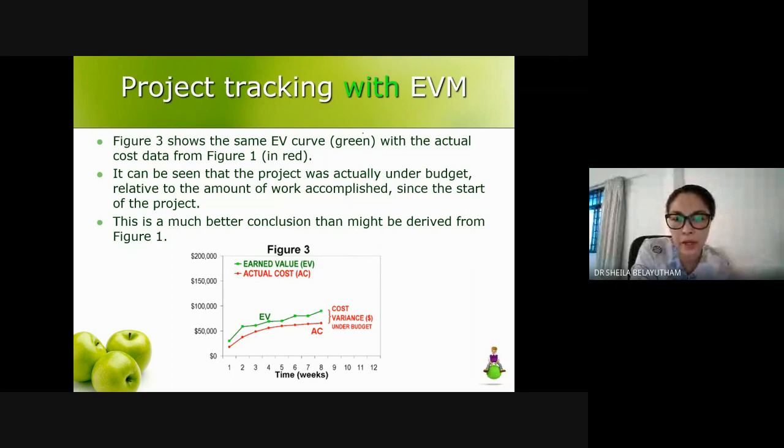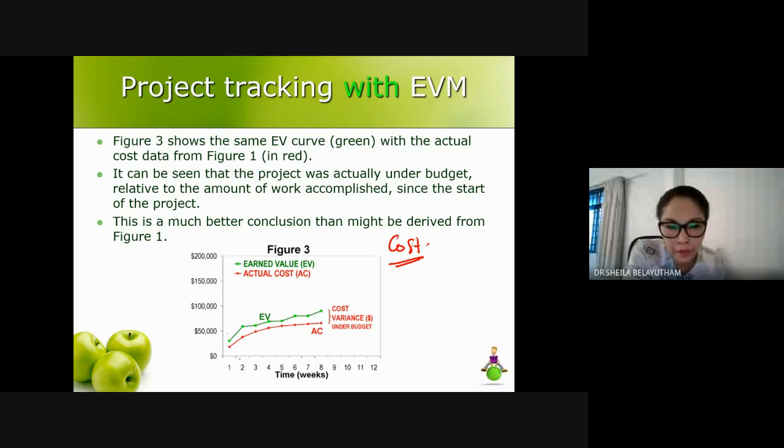For activity in terms of cost, the difference is between earned value and actual cost. Actual cost is the cost that you have actually spent on site for the activities. We compare it with earned value because we are comparing for the work performed.